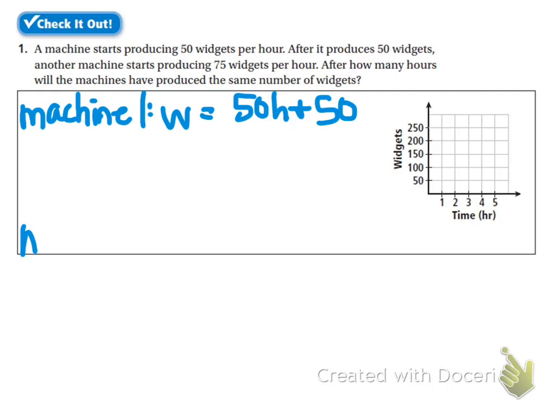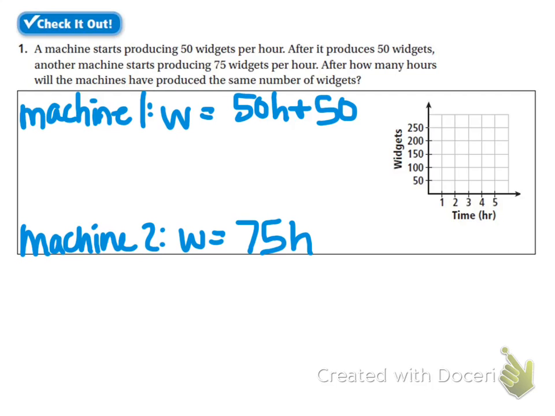And then machine 2 would have been widgets equals 75 times H. So it appears that the point of intersection is 2, 150.